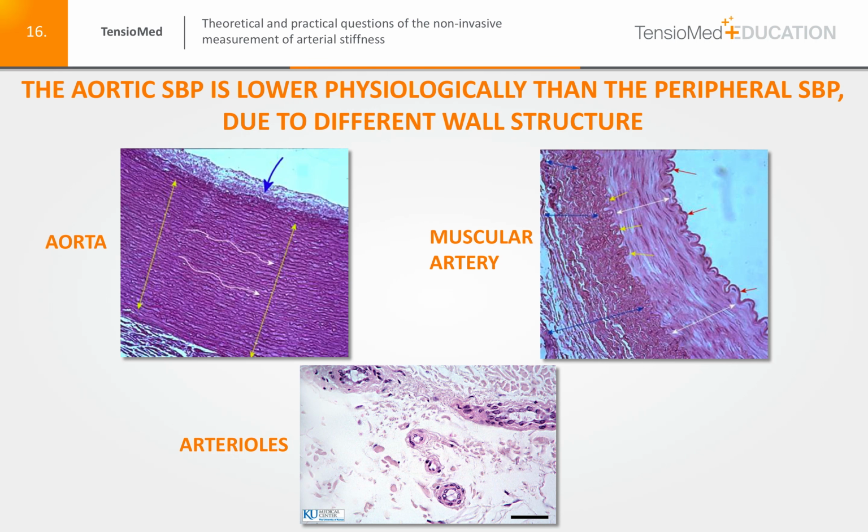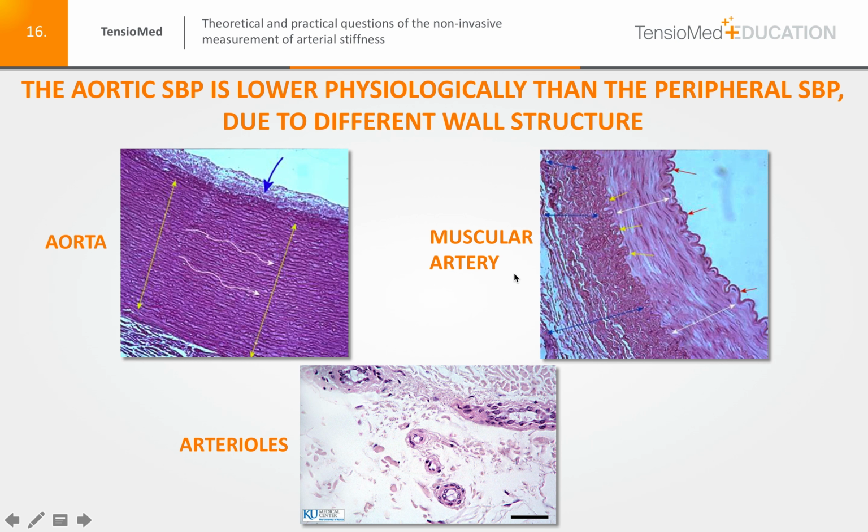The reason why aortic systolic blood pressure is physiologically lower than the peripheral systolic blood pressure is the difference between the wall structure of the aorta and the peripheral arteries. The aorta physiologically does not contain a muscular layer. However, it contains very thick elastic lamellae, which make the aorta very flexible and soft.